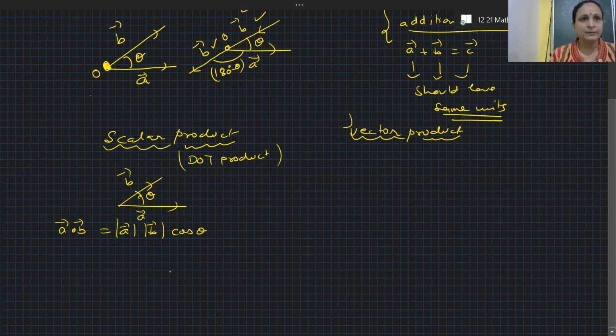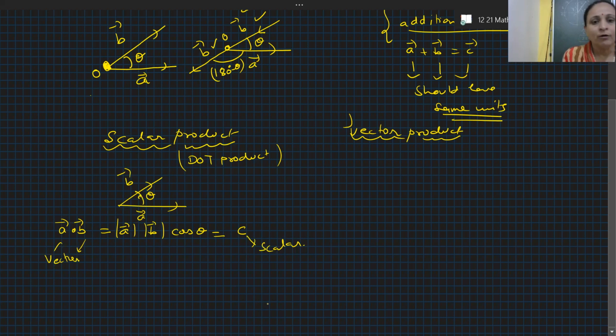And whatever is the answer, suppose the answer is C. See, A is a vector, B is also a vector, but the product you get will be a scalar quantity.